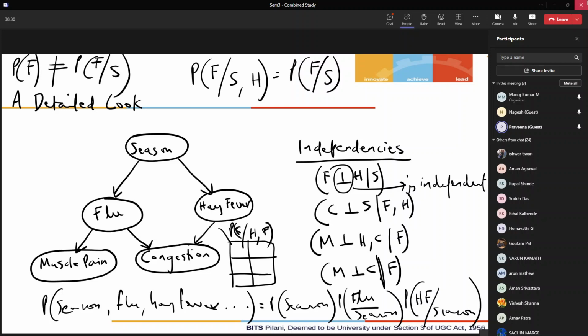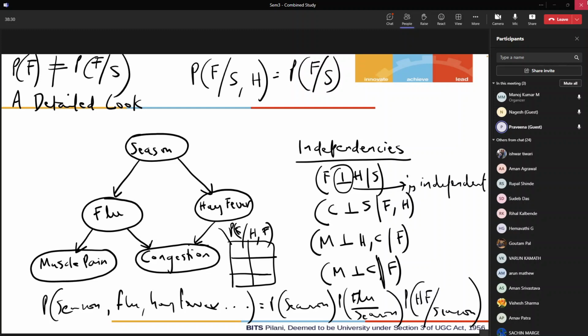Now I will expand that to probability of S given F comma H comma M comma C, into the next one, F comma H comma M comma C should now be taken.